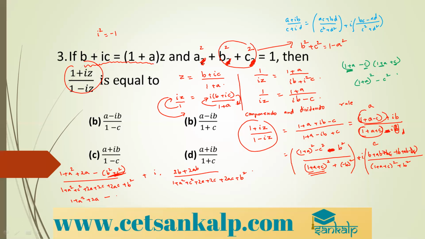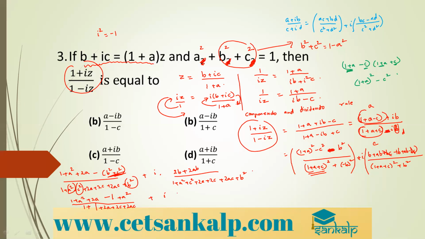So minus will change the sign: 1 will become minus 1, minus A square will become plus A square. And down, I can write 1 plus A square plus B square plus C square as 1, because in the question they gave that as 1. And then I will write plus 2A plus 2C plus 2AC.